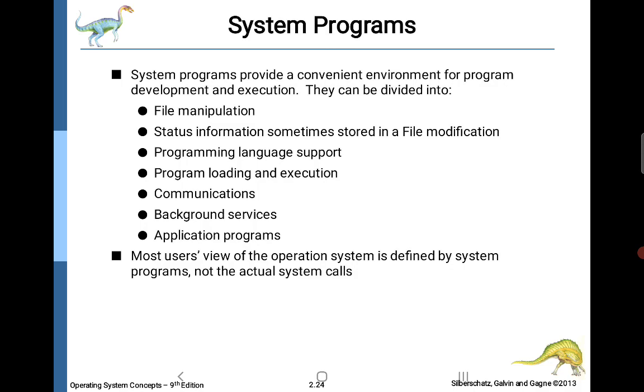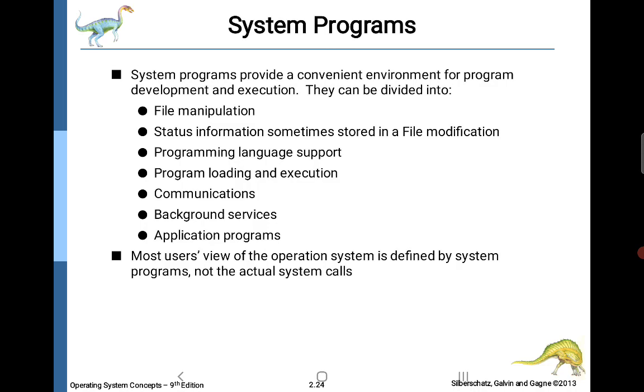So we have programs for file manipulation that open, create, delete, rename, relocate, and search files. For status information, to get dates, to get free space, to get time. For language support, and these are linkers, loaders, and different types of libraries.